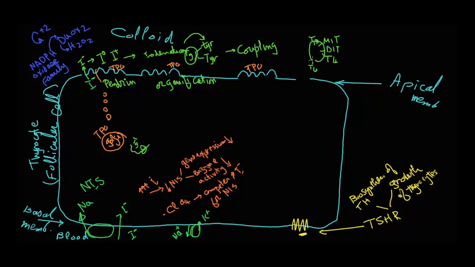What concerns us here is the iodotyrosines, which are formed now on the surface of thyroglobulin. As we mentioned, in the process of coupling, two DITs will form T4 or tetraiodothyronine, and one MIT and one DIT will form T3 or triiodothyronine.